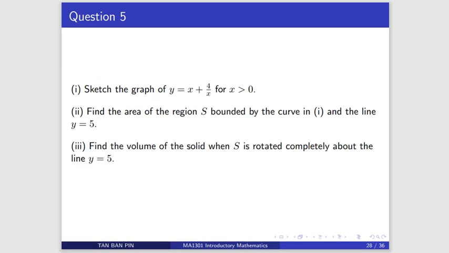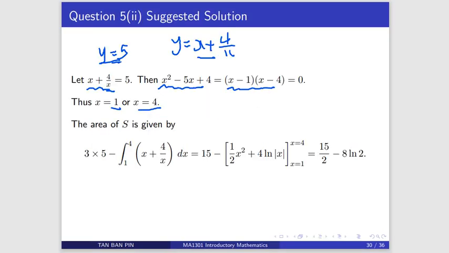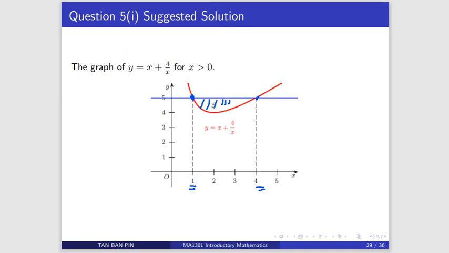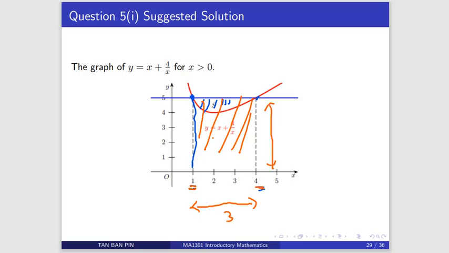You are supposed to find the area of S. To do that, you consider the area of the whole rectangle. This length is 4 minus 1, which is 3, and the height is the y value 5.